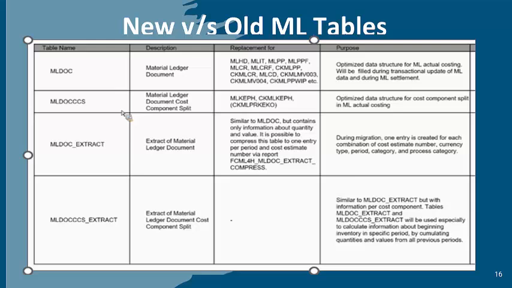Report FCML_4H_MLDOC_EXTRACT_COMPRESS. Similarly, MLDoc CCS_EXTRACT from material ledger document cost component split. It is similar to MLDoc extract, but with information per cost component. MLDoc extract and MLDoc CCS extract will be used especially to calculate information about beginning inventory in a specific period by accumulating quantities and values from all previous periods.